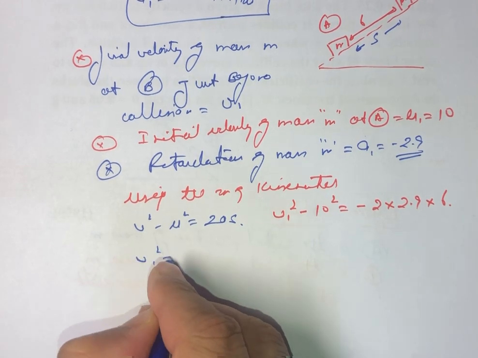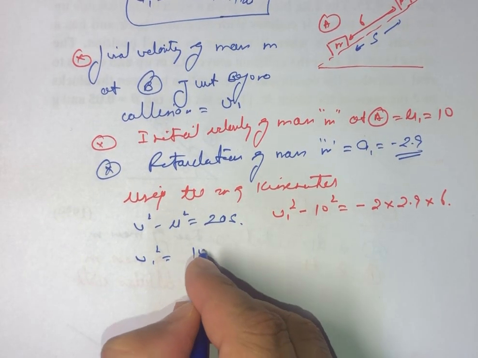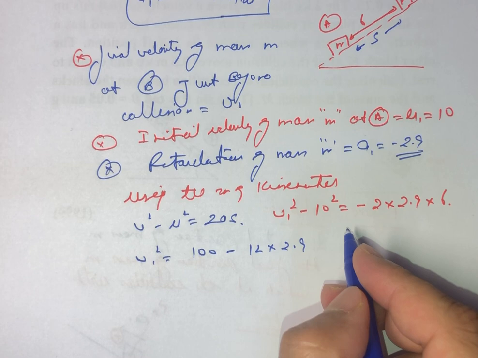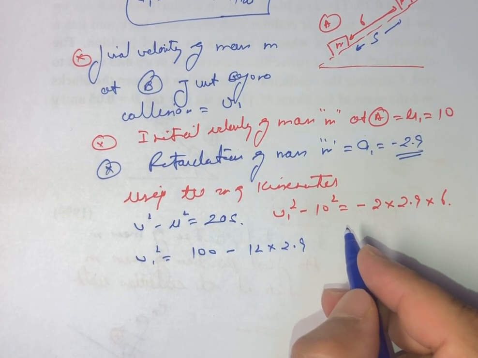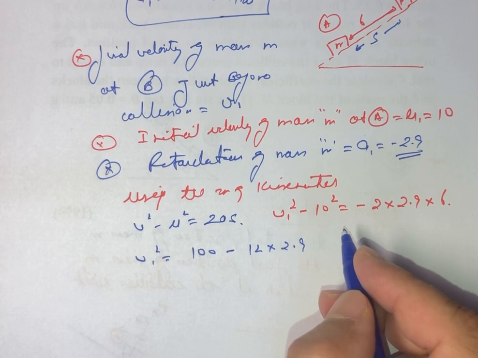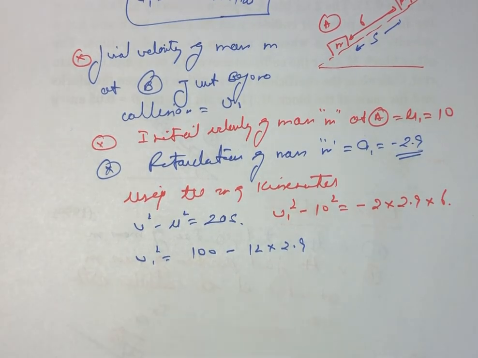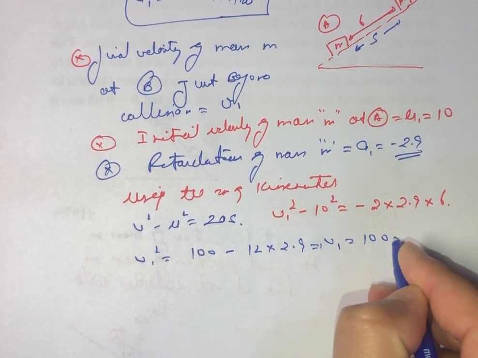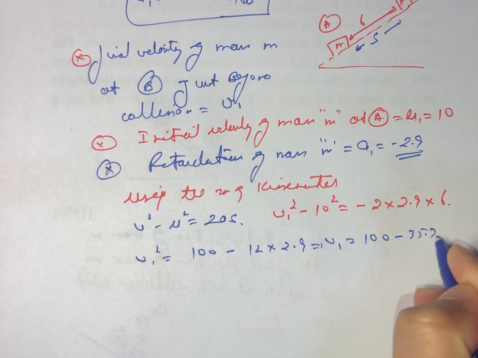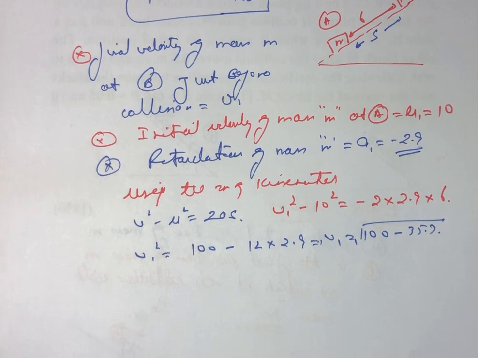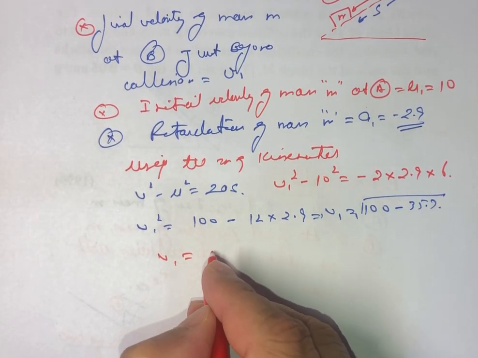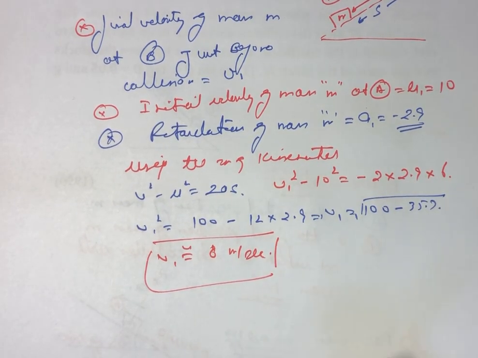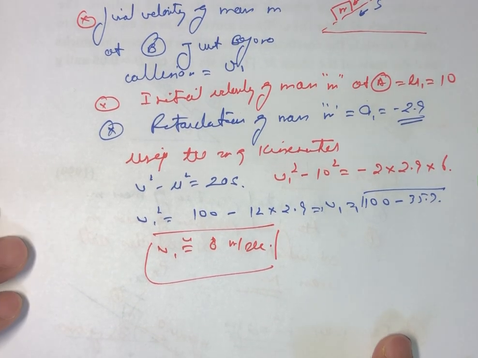So v1 square is equal to 100 minus 12 into 2.9, that is 100 minus 35.7 under the square root, so v1 is approximately 8 meters per second. This is the velocity of mass m just before collision at point B.